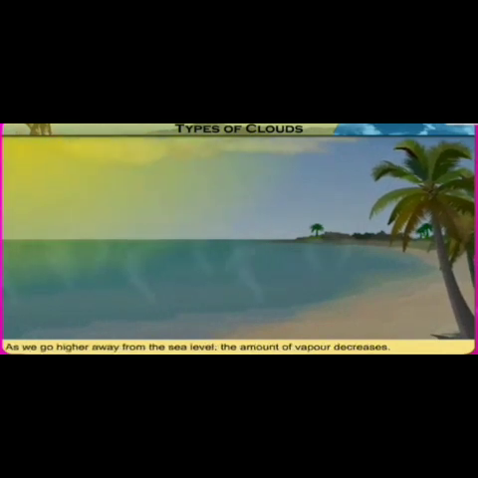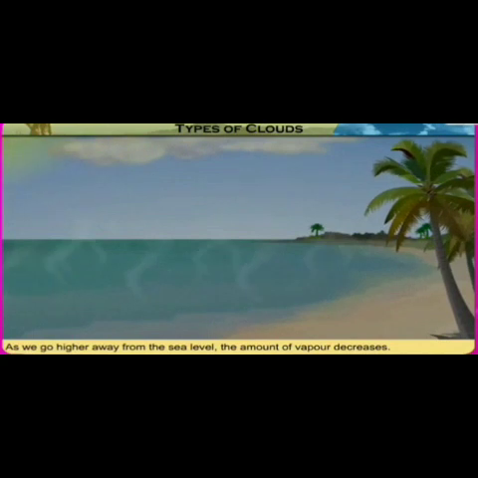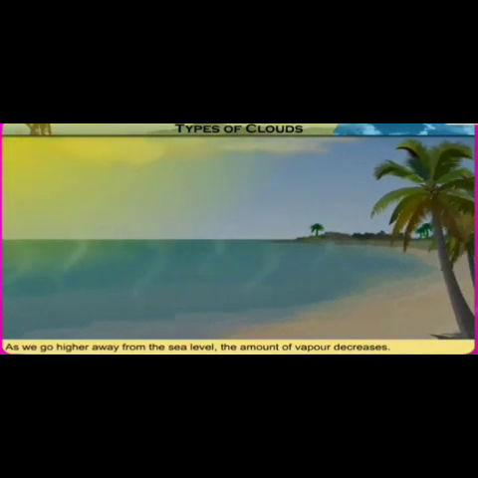Evaporation, condensation. This process goes on continuously for the clouds, and most of the clouds are responsible for rainfall on the earth. The proportion of vapor is more near the earth's surface. As we go higher away from the sea level, the amount of vapor decreases.